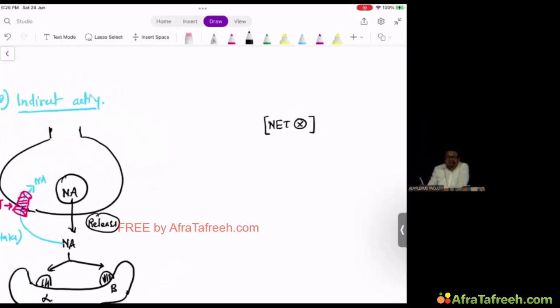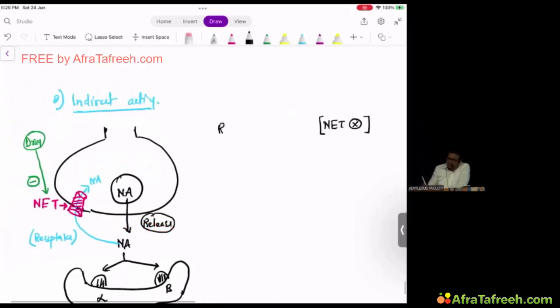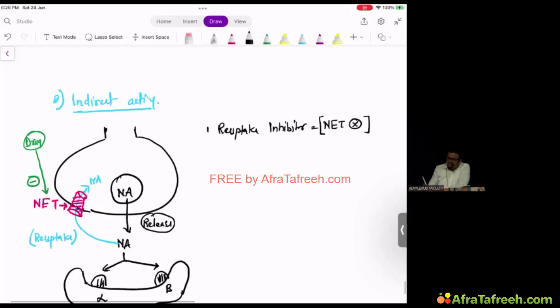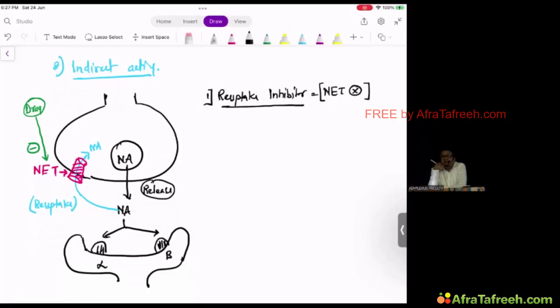Reuptake. So it is a reuptake inhibitor. Where will NA remain? In the synapse, and the action of NA will continue.